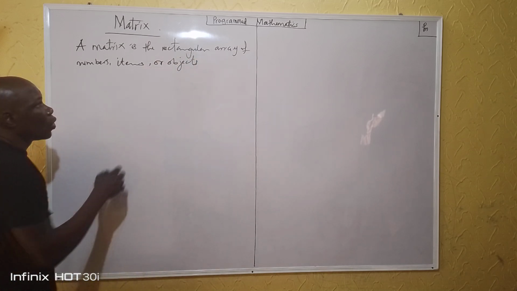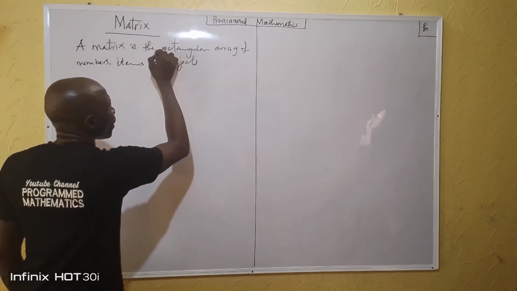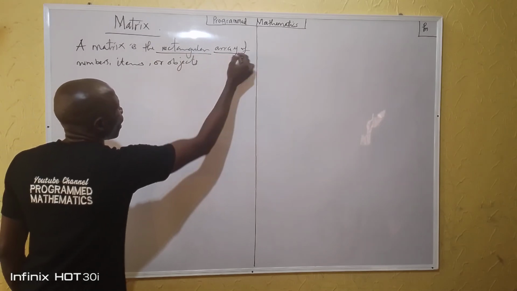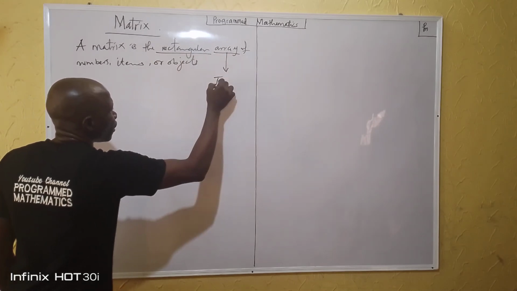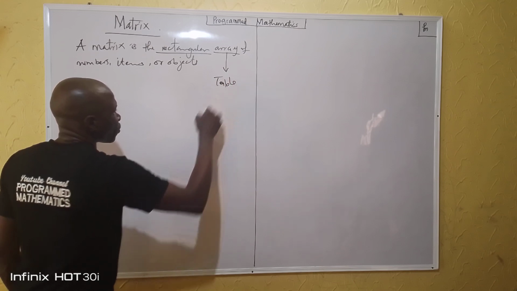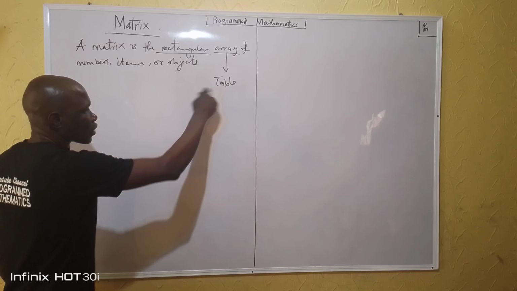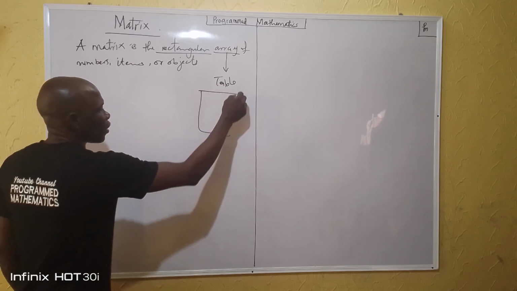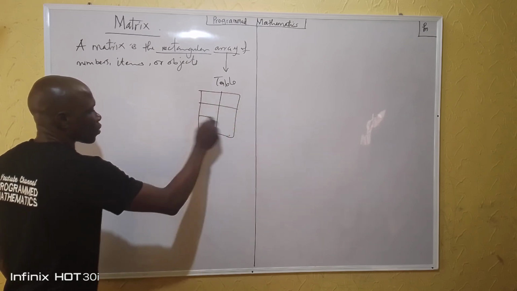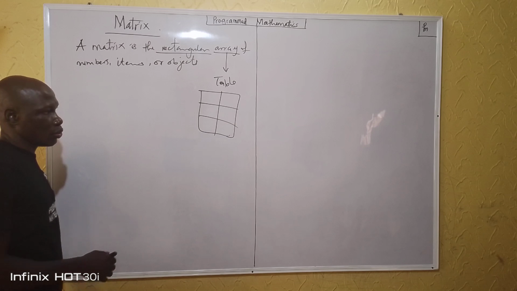And so if you take note of these terms, rectangular and array, in layman's language, it is simply referring to a table. As I've just mentioned previously, introducing what a table is, talking about the vertical and horizontal arrangement of information.